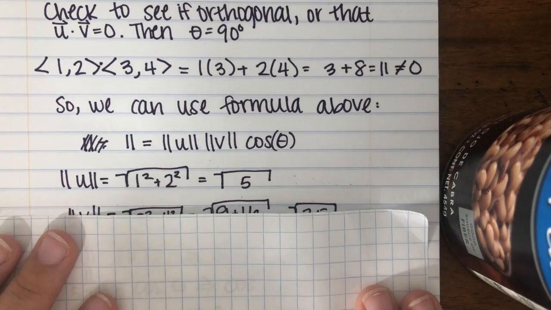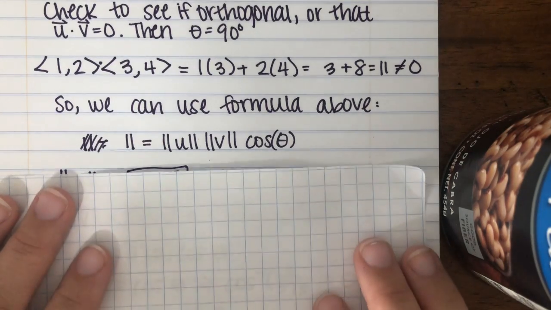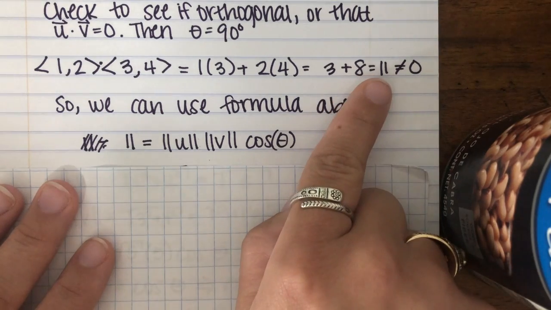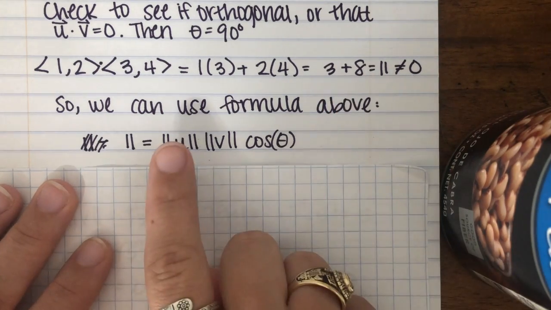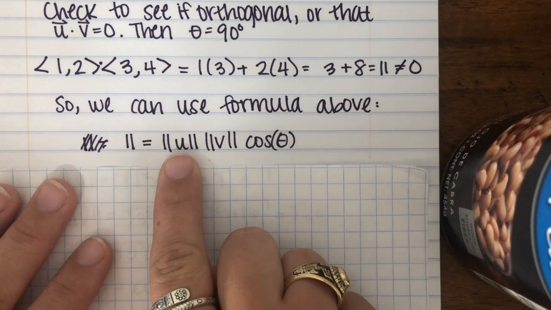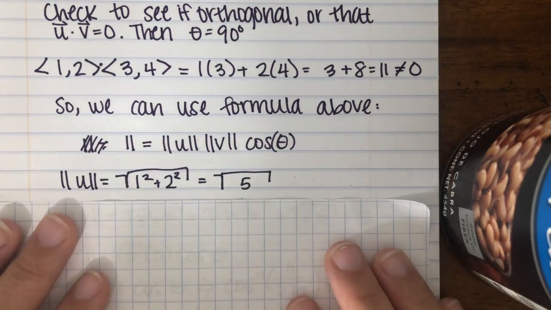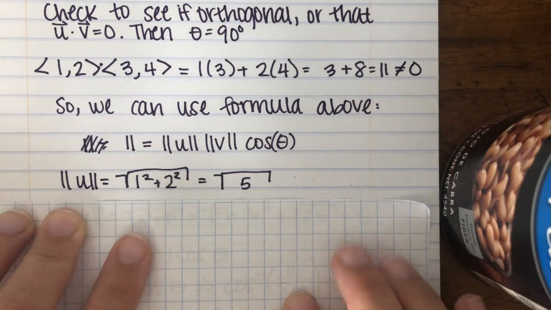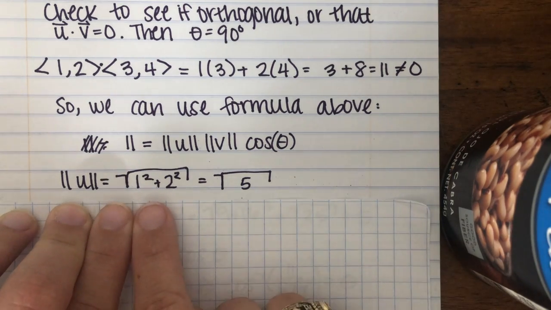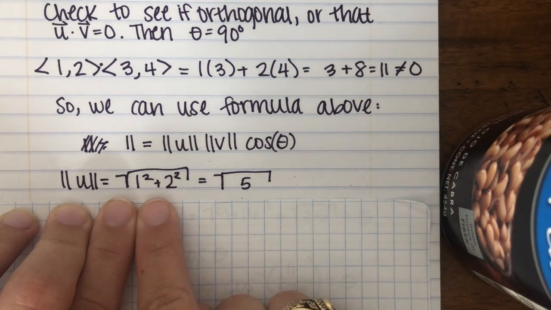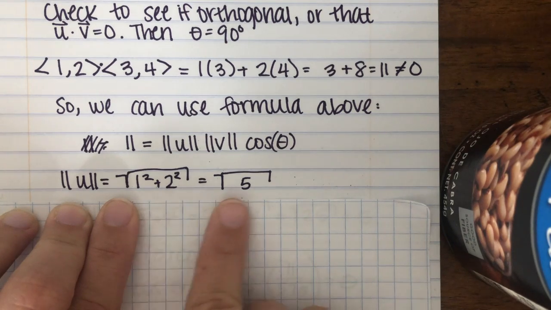So we're going to use this formula above to have this 11 that we calculated before, and now we need to solve for the magnitude or the norm or the length, all synonyms, of u, and the same thing for v. So to solve for the norm of u, or the magnitude, we take the square root of 1 squared plus 2 squared, which is equal to the square root of 5.